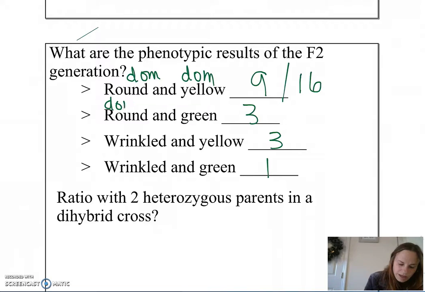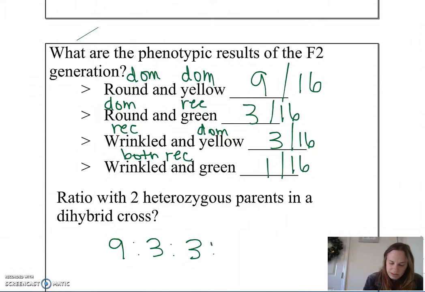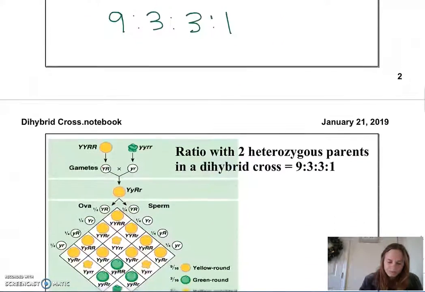If I were to look at the next groups, 3 out of the 16 would express one dominant and one recessive trait, and another 3 out of the 16 would express the opposite combination. And if we were to look at all 16 offspring, 1 of those 16 would express both recessive traits. Therefore, the ratio with two heterozygous parents in a dihybrid cross is always 9:3:3:1.